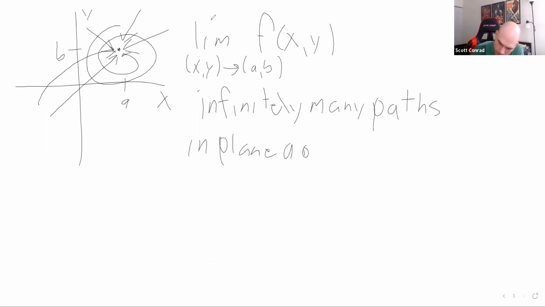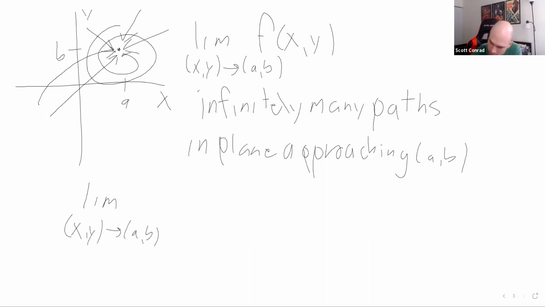So there are infinitely many paths which approach the point we're taking the limit at. And we need to check, well, we don't, we'll see, we don't actually need to, but here's why this is so much more difficult.